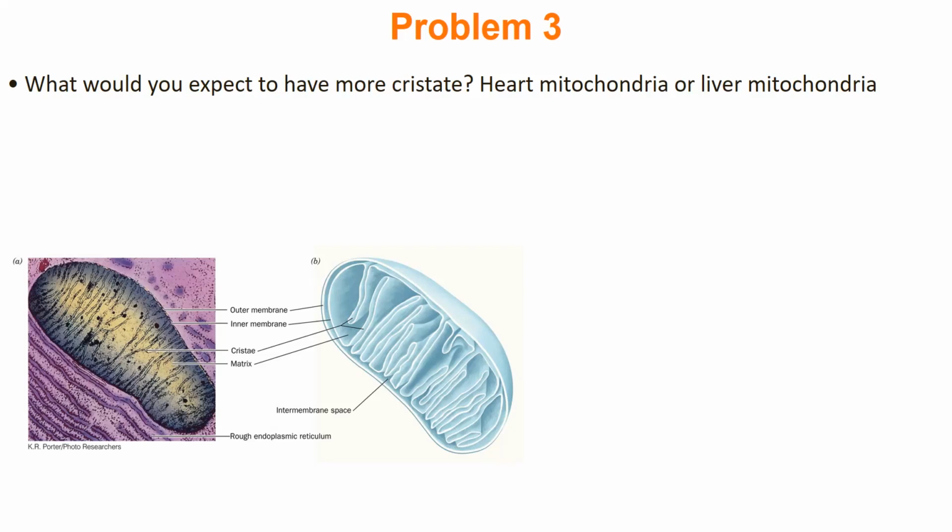The pH gradients are used to make ATP. The heart's job is like a giant muscle. It is a giant muscle. So it uses ATP all the time. So you need mitochondria that can make a lot of ATP for your heart. So that's why you would expect it to have more cristae than the liver, which isn't a muscle.